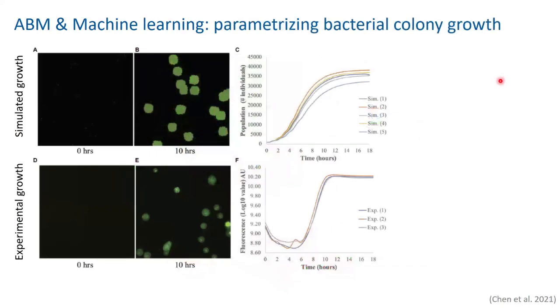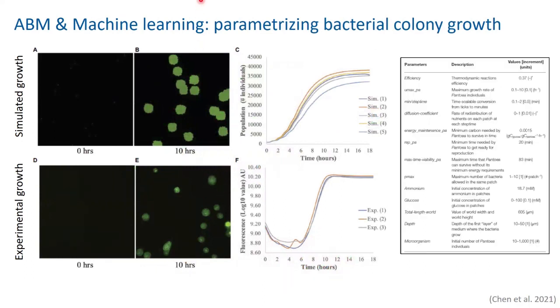Or you can try to capture the colony growth characteristics. So if you have a system with certain parameters, you can try to narrow down the parameter space based on observing real colony growth characteristics, and then you can define your model based on these validated parameters.